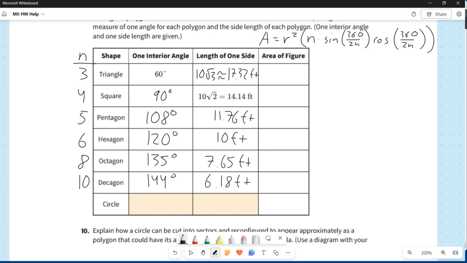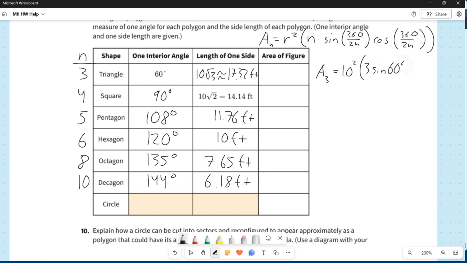So for the area of the triangle, we'll say A sub n. So A sub 3: our radius is 10, so 10 squared, times 3, times the sine of, I'll go ahead and plug this in and simplify it automatically. 2 times 3 is 6, and 360 divided by 6 is 60.